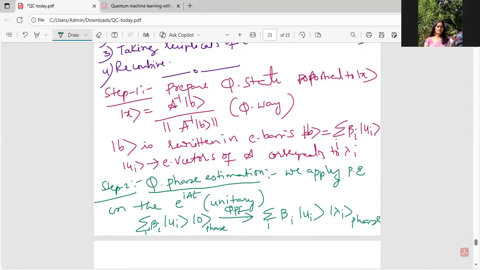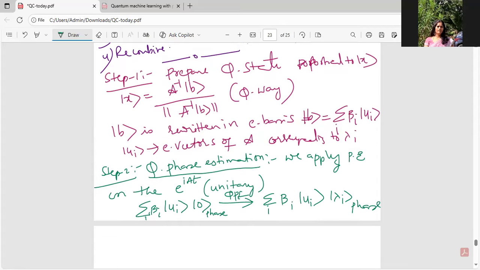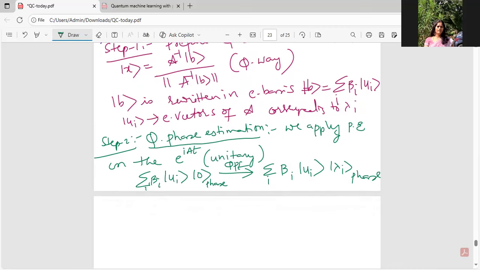What I have done is apply quantum phase estimation. What exactly has happened? e power iAt has become this. Now, I have got lambda i, guys. Once I have got lambda i, what will I do?